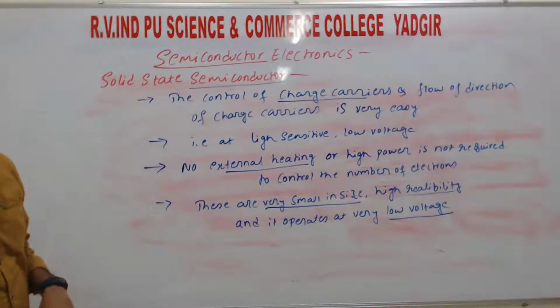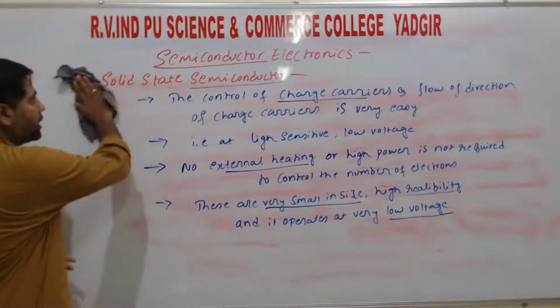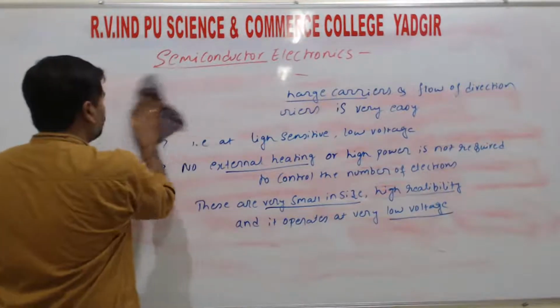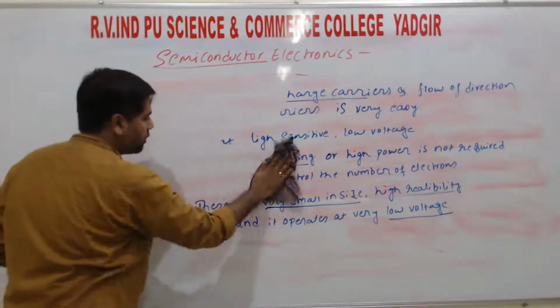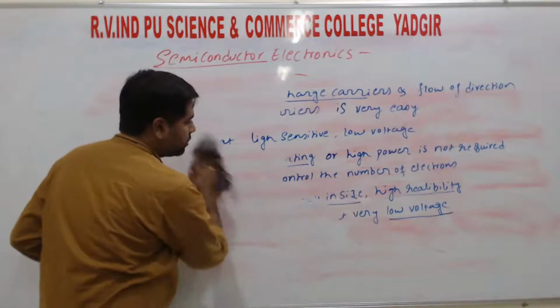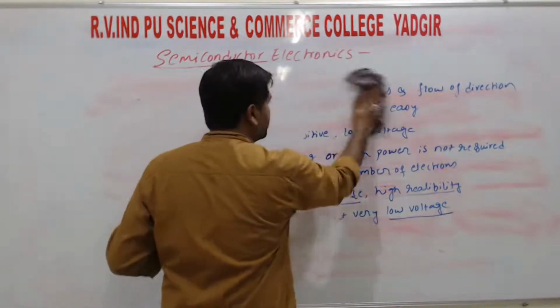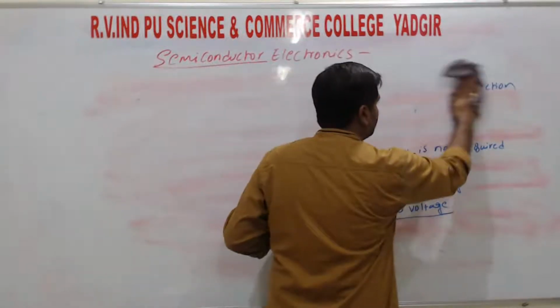So we start with the classification of the solids. Until now we have only two classifications of the solids: one is conductors and another is insulators. According to that, one more is added, which is semiconductors.